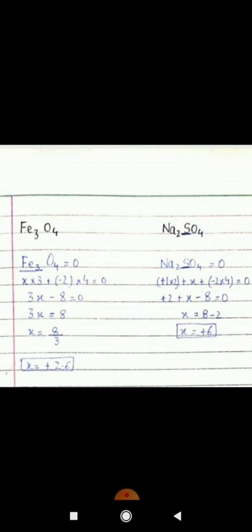We have to determine the oxidation state of sulfur in sodium sulfate. There are 4 atoms of oxygen. The oxidation state of oxygen is -2. So the algebraic expression becomes +2 plus x minus 8 is equal to 0. After simplification, its value is equal to +6. So the oxidation state of sulfur is +6 in sodium sulfate.